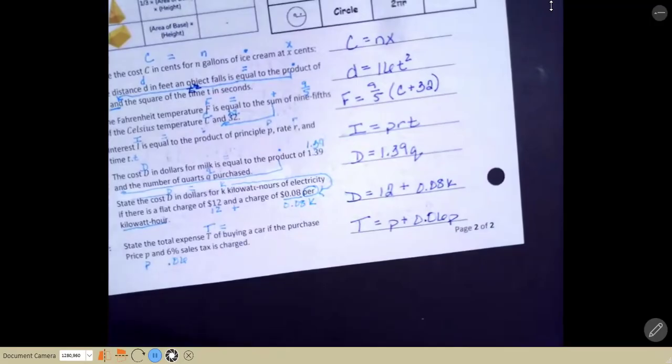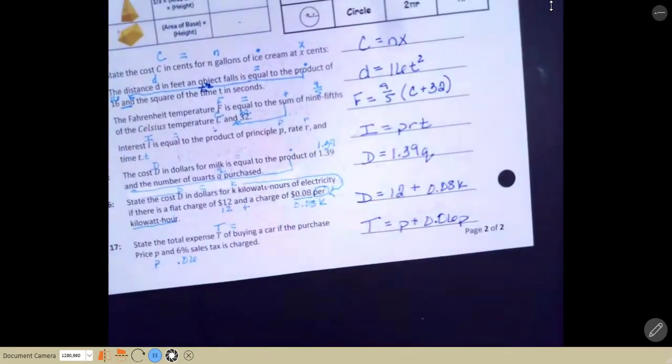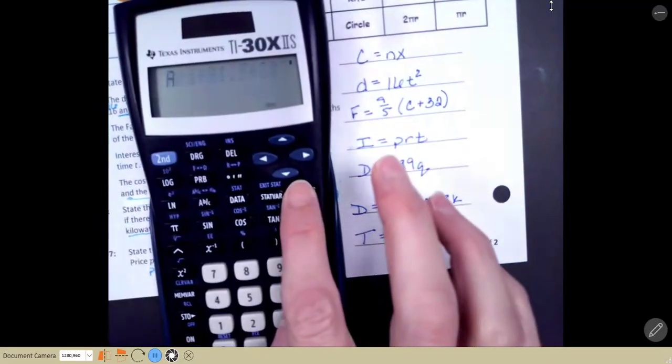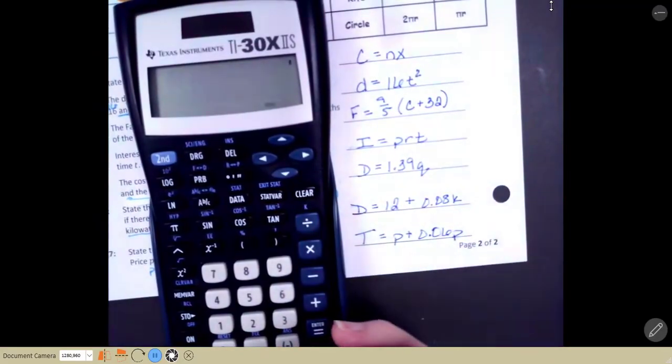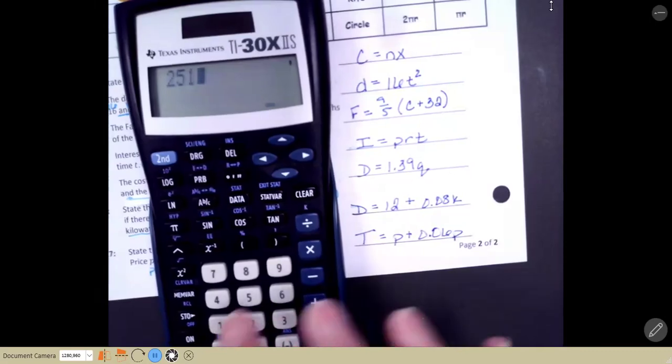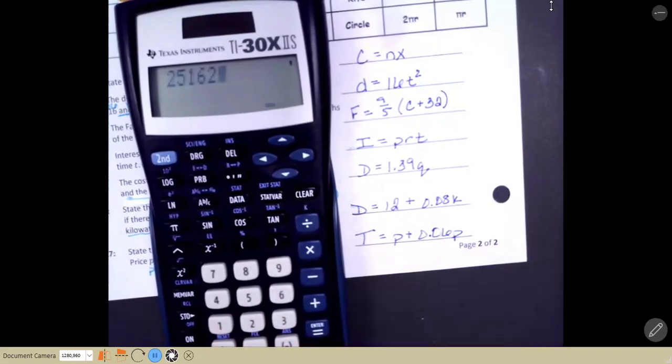Okay. So can I show you real quick what that looks like? I know you want to stop, but this is actually a good lesson. So I'm going to show you on your calculator. Now you don't need your calculator because it's not asking you to solve. But if I took 25,162, do you think that when I take 6% of that, it's going to be less than that number or greater than that number?